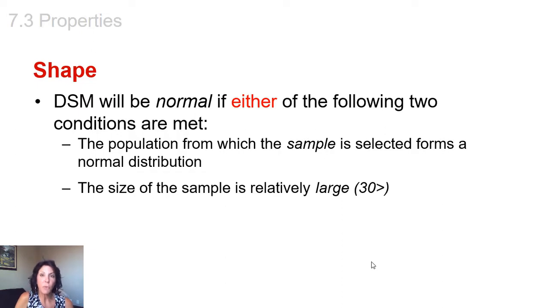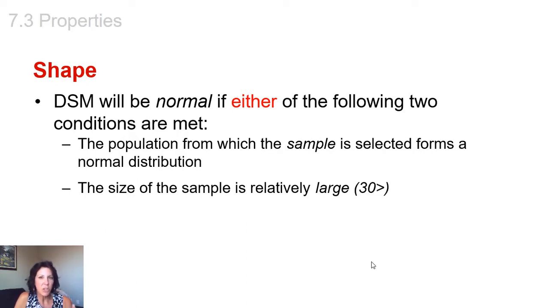And we say relatively large, and I mentioned this before, 30 or greater. So if we're dealing with a sample in our study that has 30 or more individual participants in it, then we can assume that the distribution of sample means for our study is going to be normally distributed, and we can do all sorts of things with that. So that's why when we're doing research, we really do want to have greater samples.